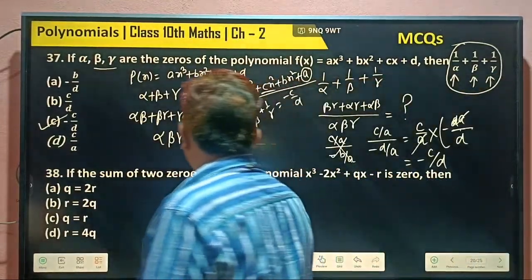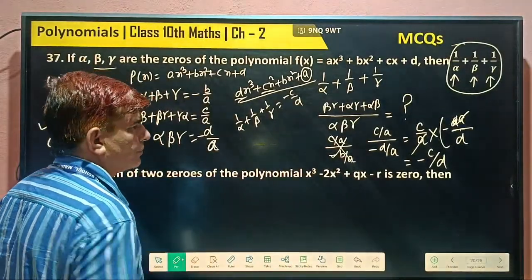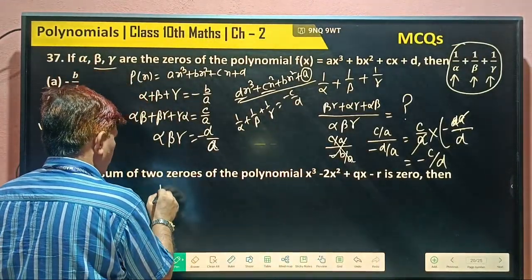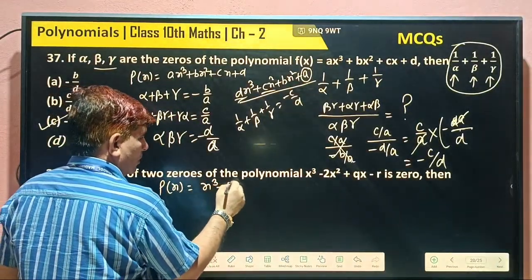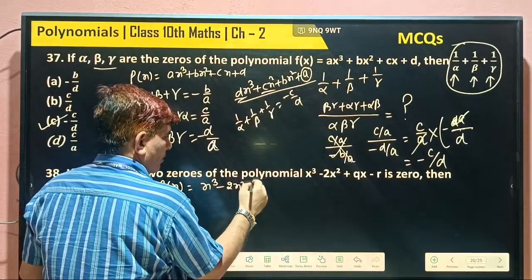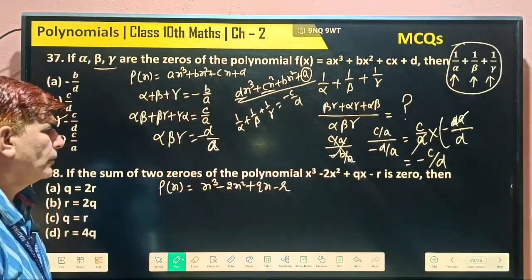Question 38: if the sum of two zeros of the polynomial is 0, then, this polynomial is given as p(x) equal to x cube plus 2x square plus qx minus r. Understand?